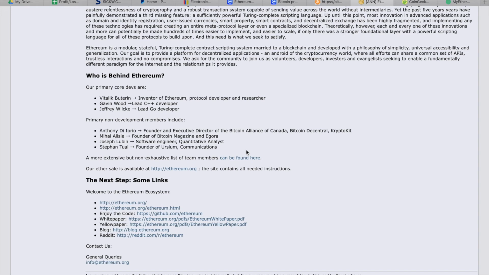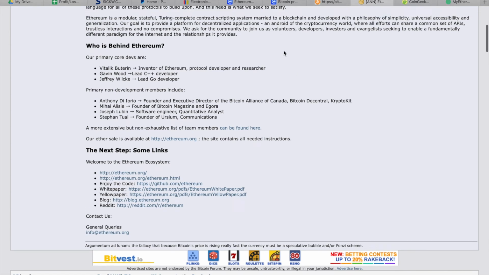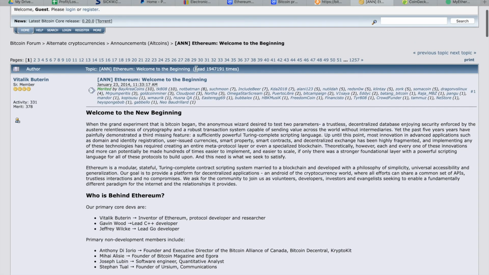A smart contract will just execute the real estate sale. Just as an example. A lot of the cryptocurrencies have white papers and announcement pages on Bitcoin Talk, just like this for Ethereum.